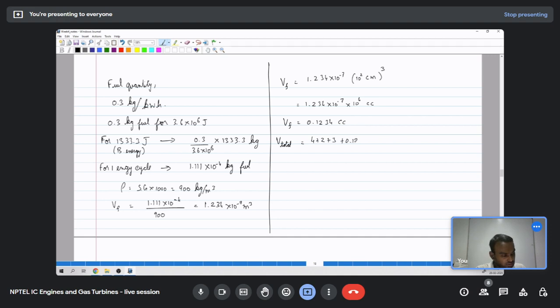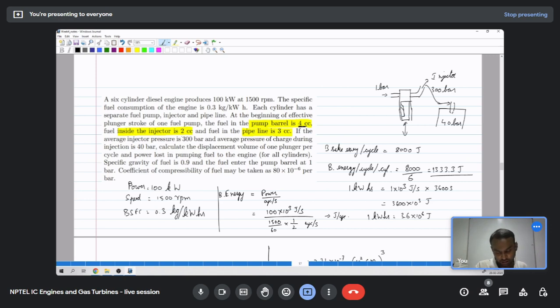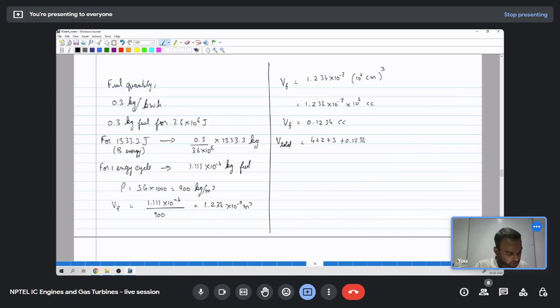I think the volume inside the fuel barrel is already considered, so this need not be added. So we will have this as 8 plus 1, 1 cc. This is 9 cc.